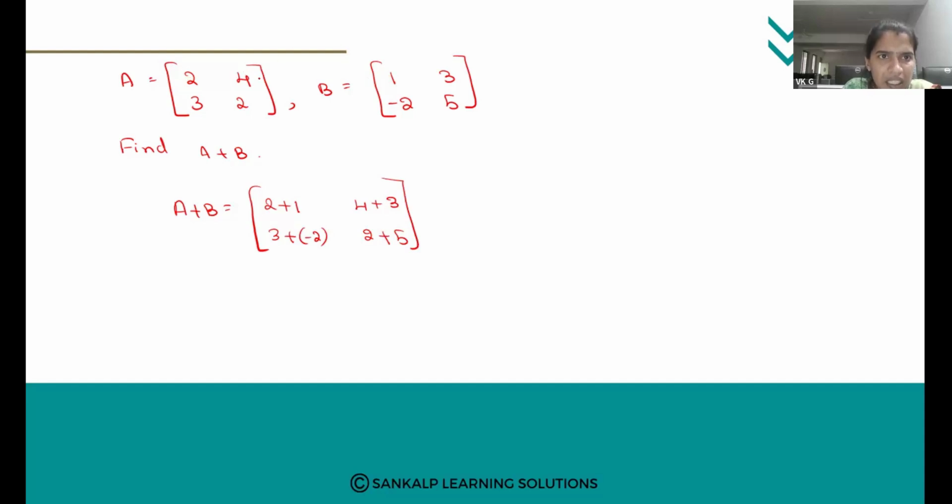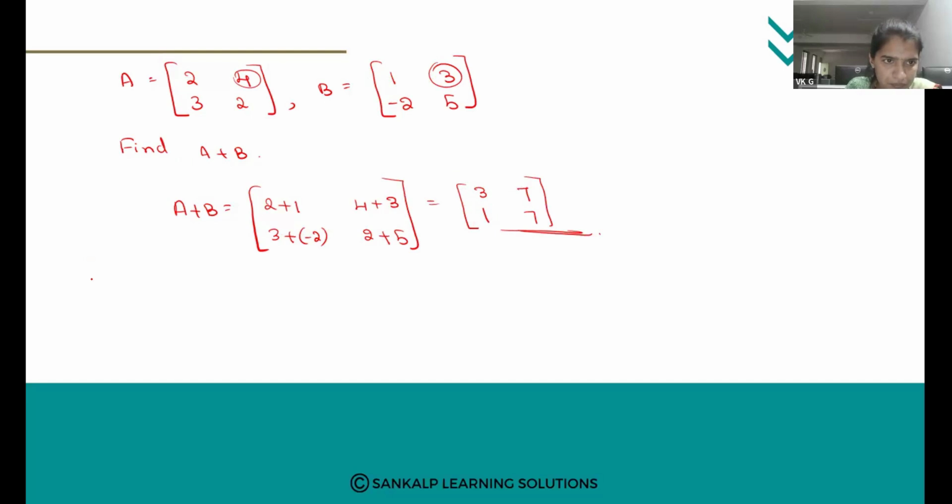Second entry with the second entry. ಅದೇ ಆರ್ಡರ್ ಅಲ್ಲಿ ಬರ್ದ್ರಾಯ್ತು. Yes, very good, very good. Many are giving the answer. 3, 4 plus 3, 7, 3 minus 2, 1, 5 plus 2 is 7. These are the elements of the sum A and B.